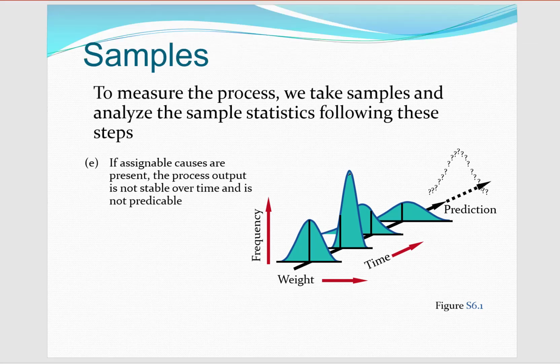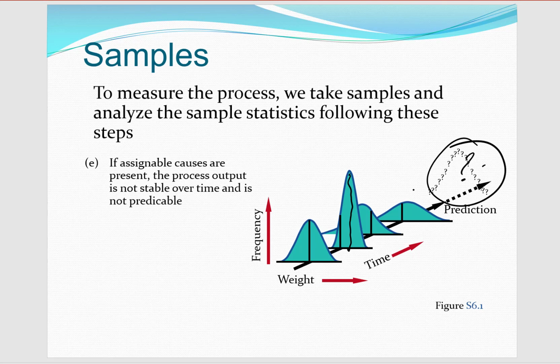This one is off-center because the center is over here, and this curve is not. This one the same way, but it's pulled to the left, or it's left skewed. And so you can see that over time we don't know how it might behave, and so in the future it's a big question mark as to what it's going to do.